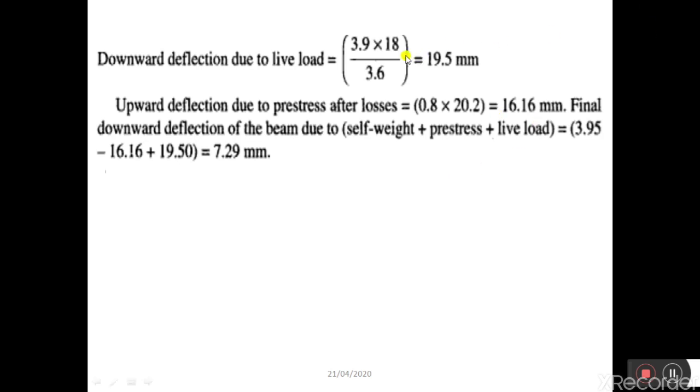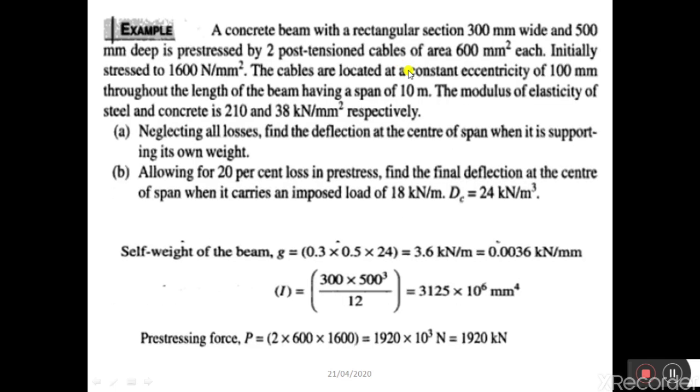3.9 into 18 by 3.6 is equal to 19.5. So how is it? It is given that it is carrying an imposed load of 18 kN per meter. So 18 kN per meter indicates that the live load is UDL.